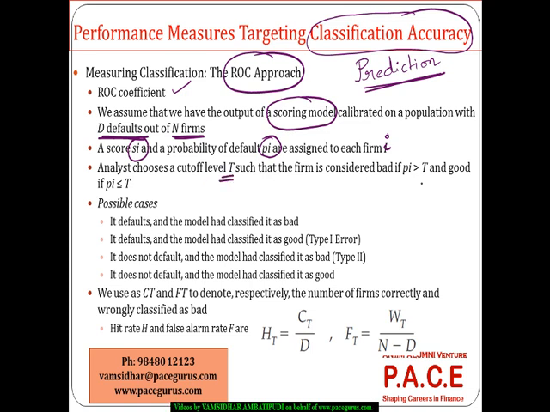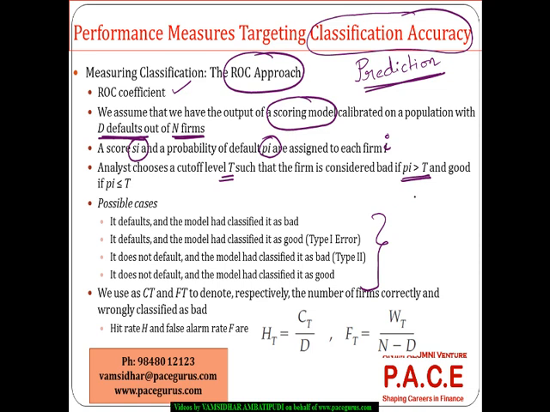If the probability of default is greater than t, we say the firm is considered bad, otherwise good. This is what we call the classification rule. Again, four kinds of possibilities can come.